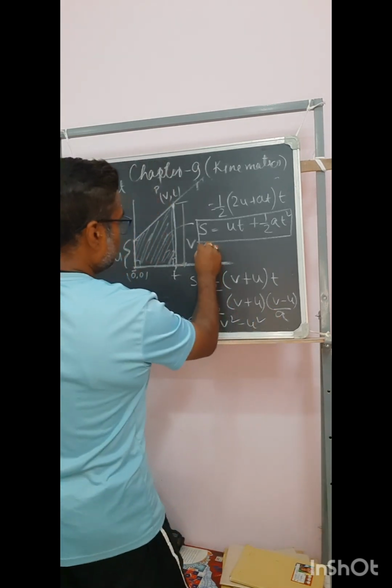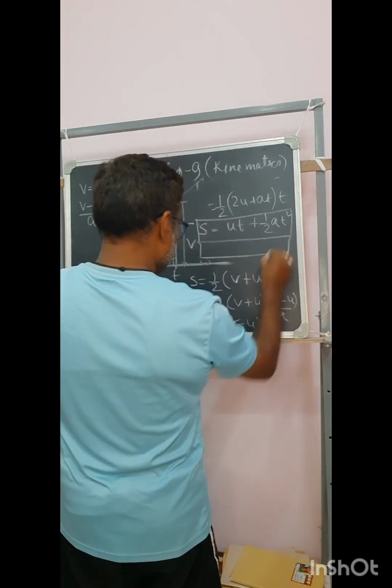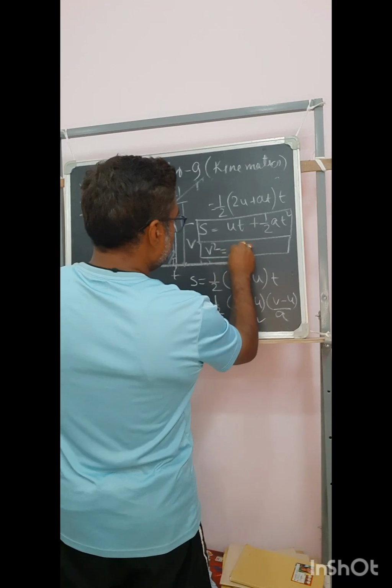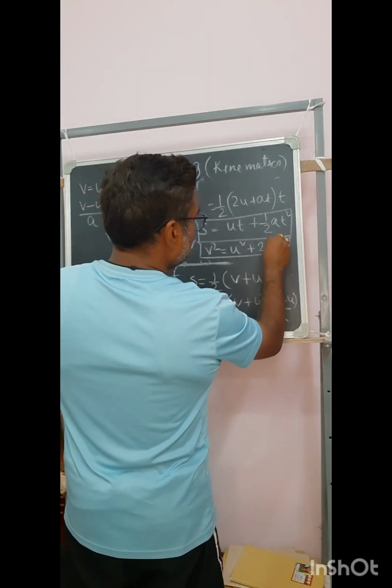So this can be brought in shape: V square equals U square plus 2AS.